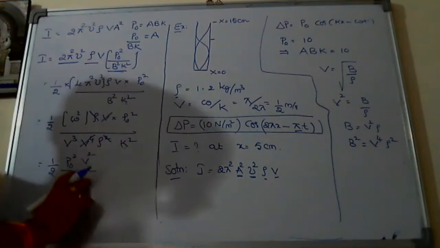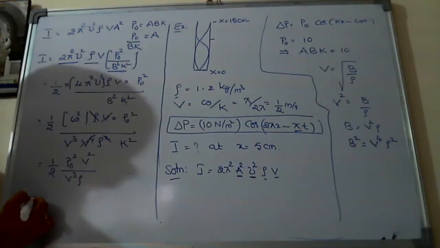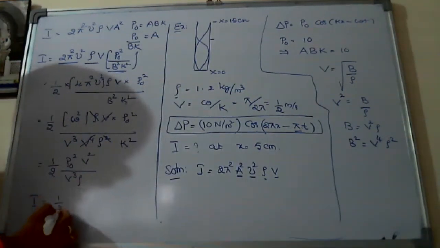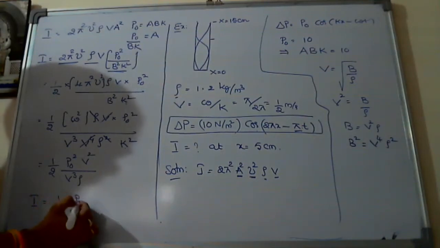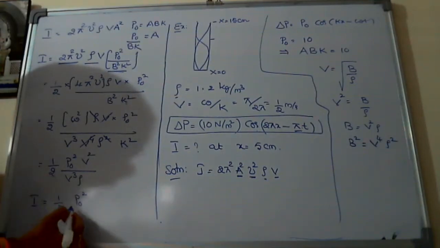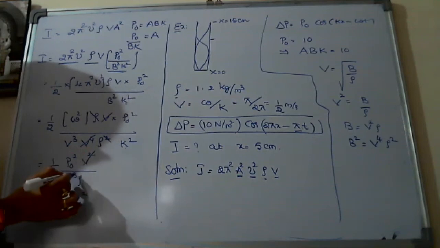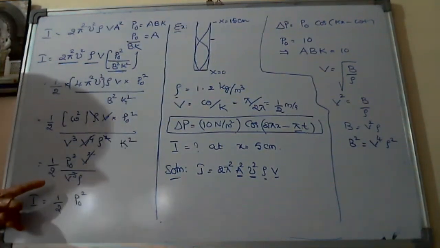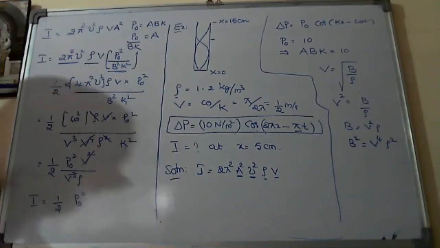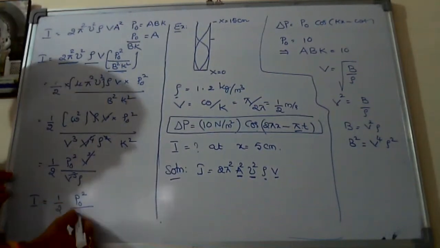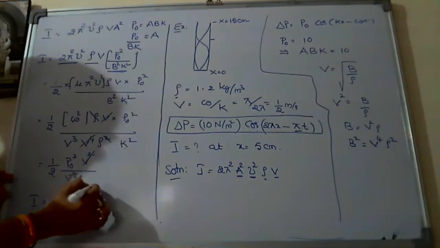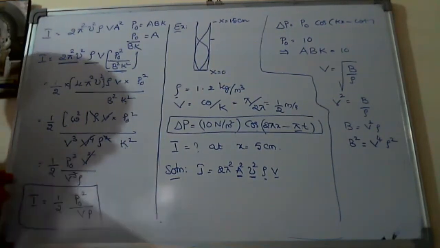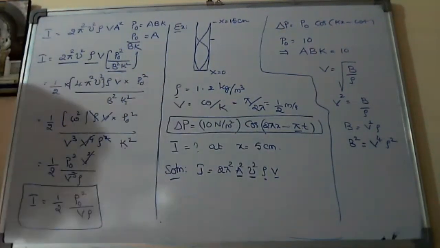So finally, I am getting one simple formula here. Intensity is equal to half P naught square. v square means 2 v's get cancelled, only one v will be there in the denominator. P naught square by v rho. This is the intensity that you get.